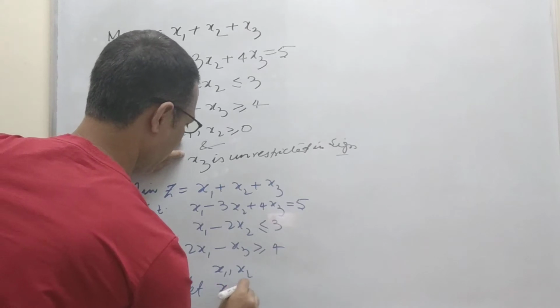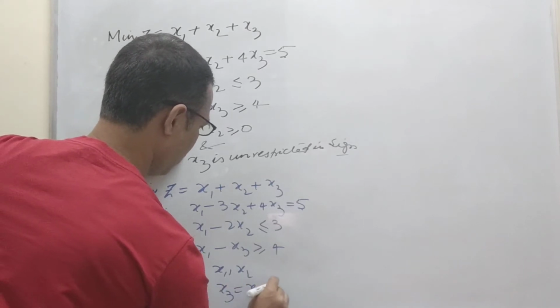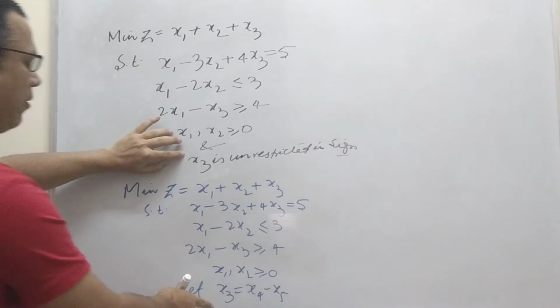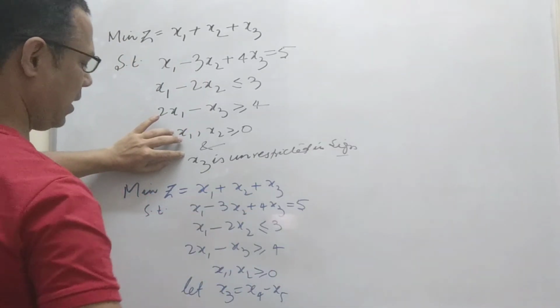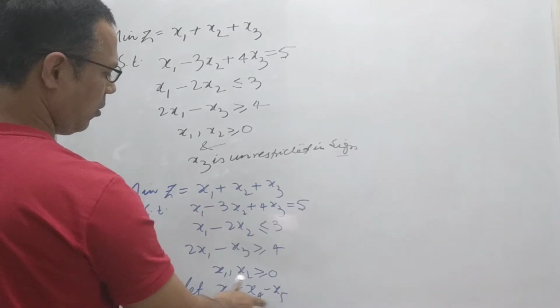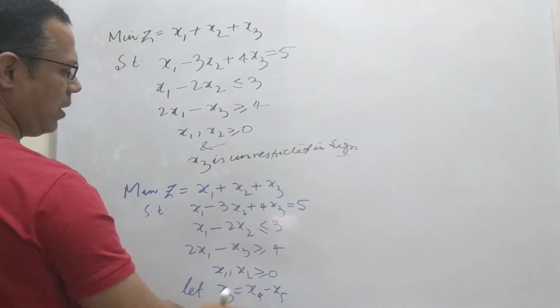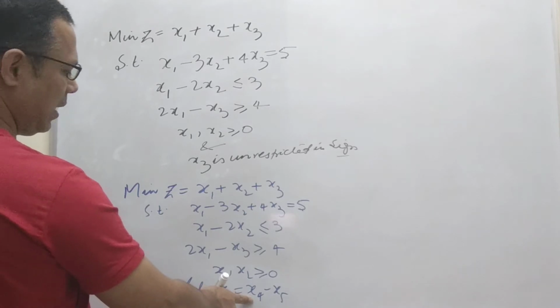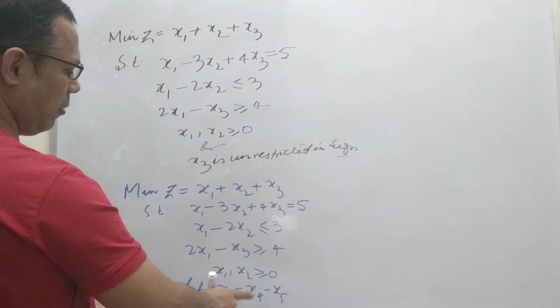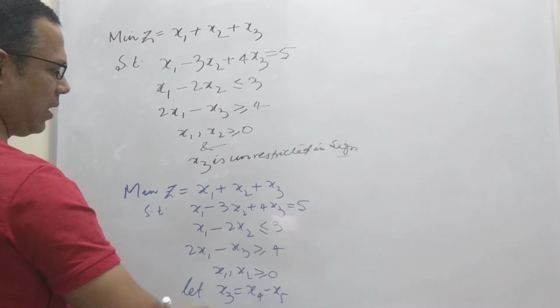x3 is equal to x4 minus x5. These are new variables, because x3 is given as unrestricted in sign. Because it's unrestricted in sign, we are going to consider two new variables, x4 and x5. Once we consider x3 equal to x4 minus x5, it means the variables x4 and x5 are also greater than or equal to 0.